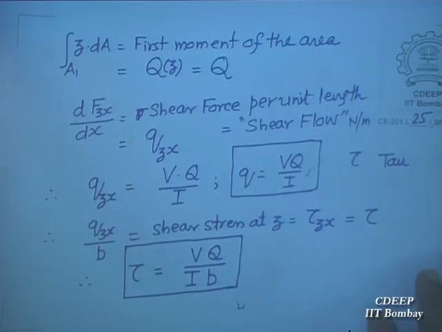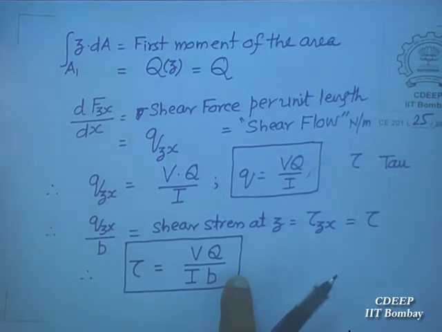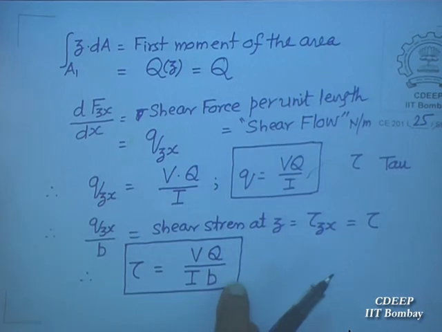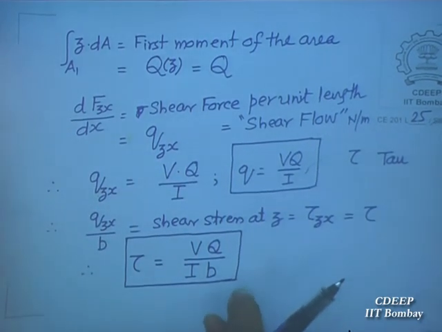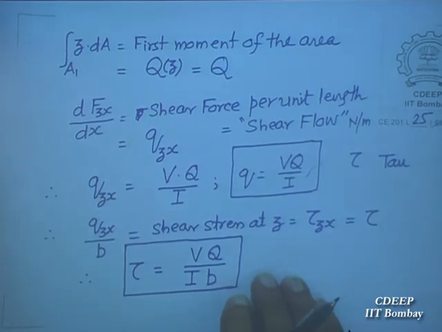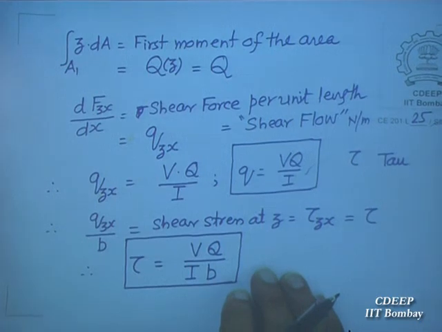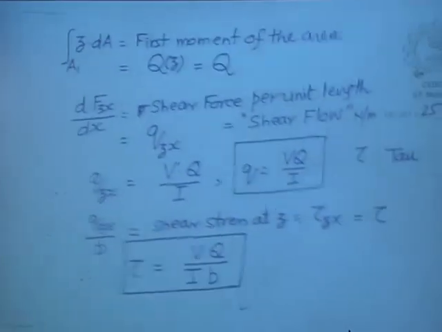That means it is a function of Z. It will vary depending upon the location of Z. Just like sigma x was a function of Z, varying linearly through the depth, this is also varying. Okay, so remember this.